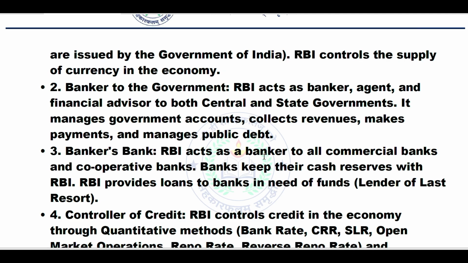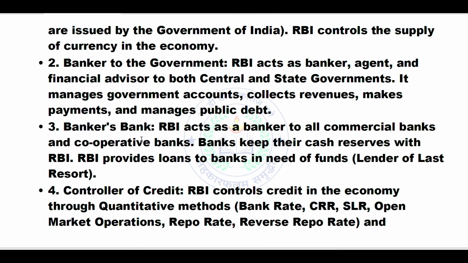Number 2, banker to government. RBI acts as a banker, agent, and financial advisor to both central and state governments. It manages government accounts, collects revenues, makes payments, and manages public debt.